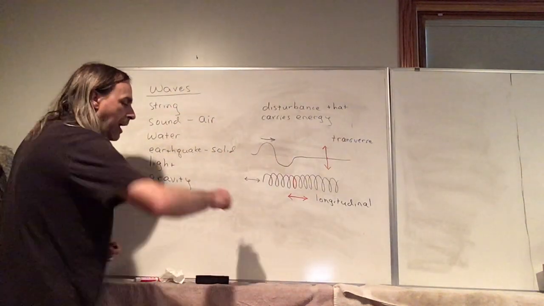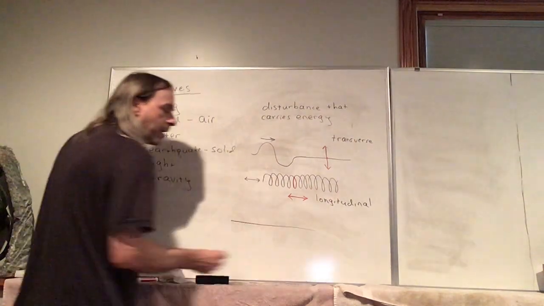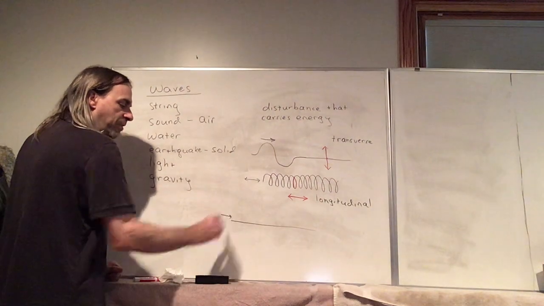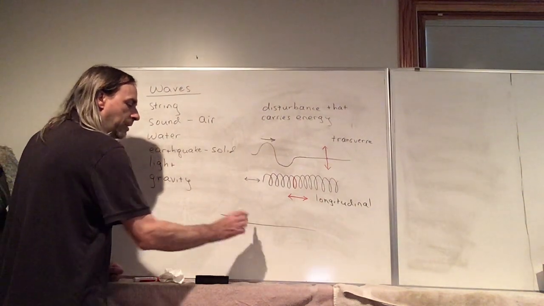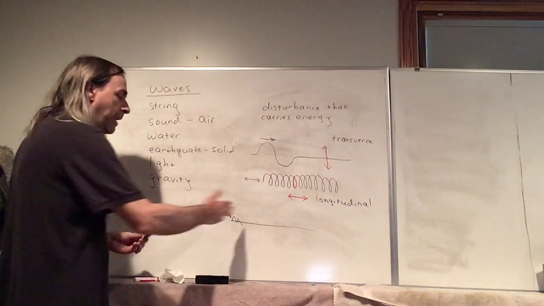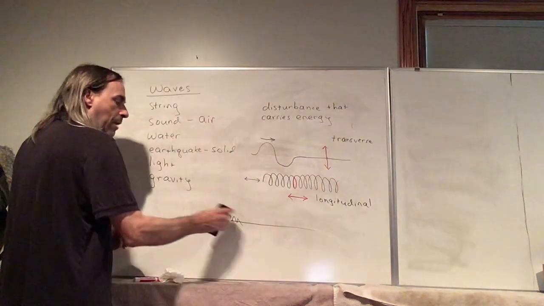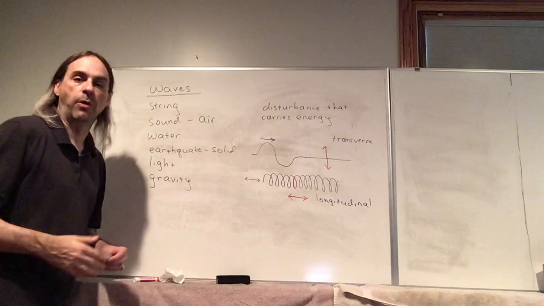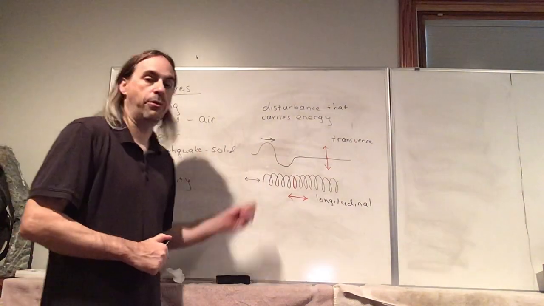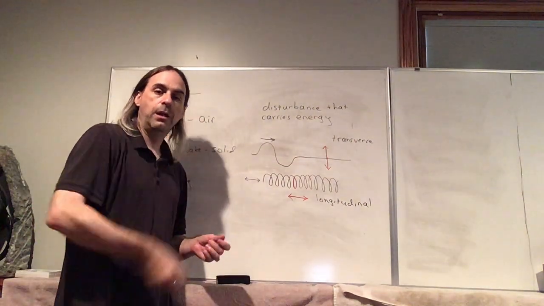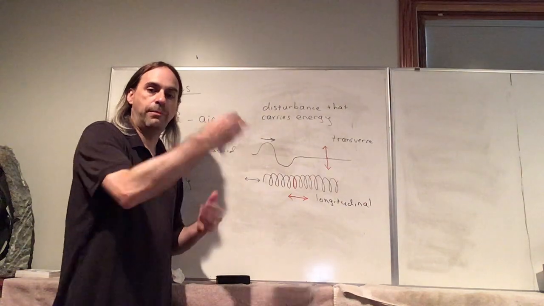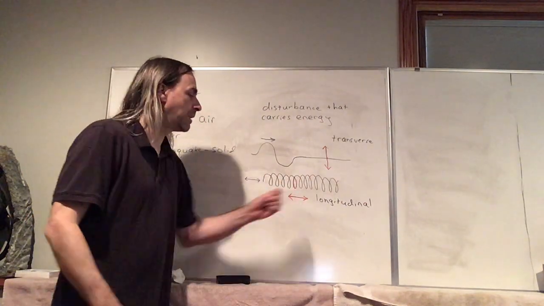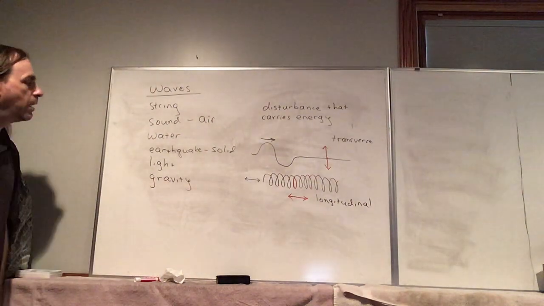If you have a string lying flat and you want to make a compression wave, like a longitudinal wave, if you push this end of the string, it's just going to crumple the string. It's not going to create a pulse that travels down it. So a string can only handle a transverse wave. A slinky can handle both. You can grab a slinky and oscillate it so that it makes that wave-like motion, or you can compress it and cause this longitudinal motion.